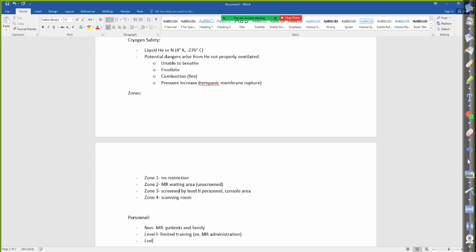And then level 2: extensive. And remember, both of these have to get annual training. The main thing about level 1, remember, they can only keep themselves safe in zones 3 and 4, cannot accompany a patient. They can assist them in filling out the screening form. They can answer some questions, but ultimately, who screens them? Us.